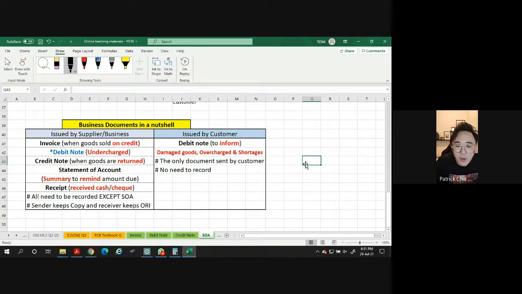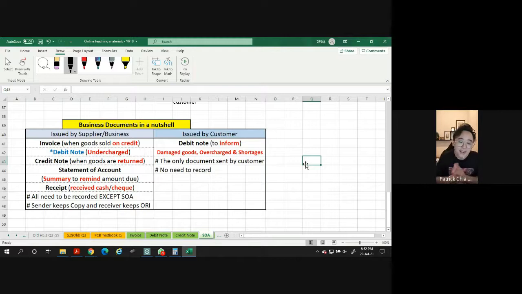Then you tell me one of the things is spoiled and you want to return it. The thing is worth $2, so I give you a credit note of $2. Invoice $10, credit note $2. Put them together, in the end you only owe me $8. So the debit note is to complain, the credit note is to say sorry, to confirm.